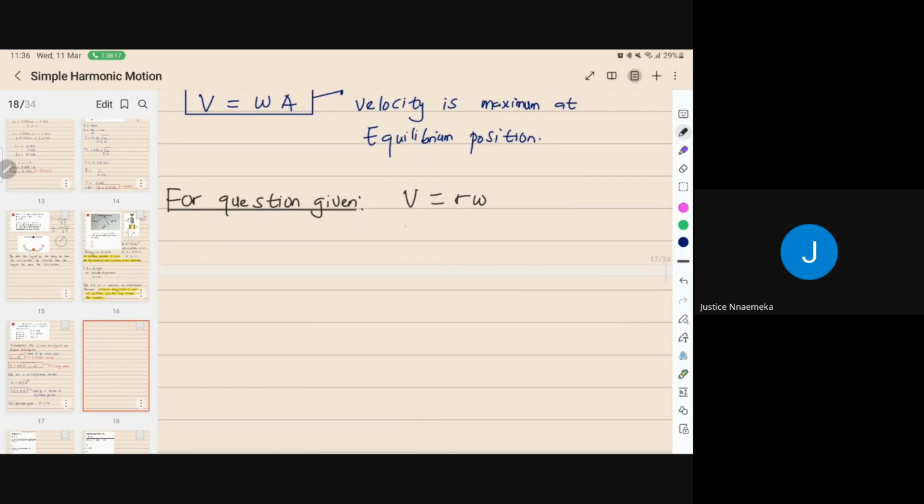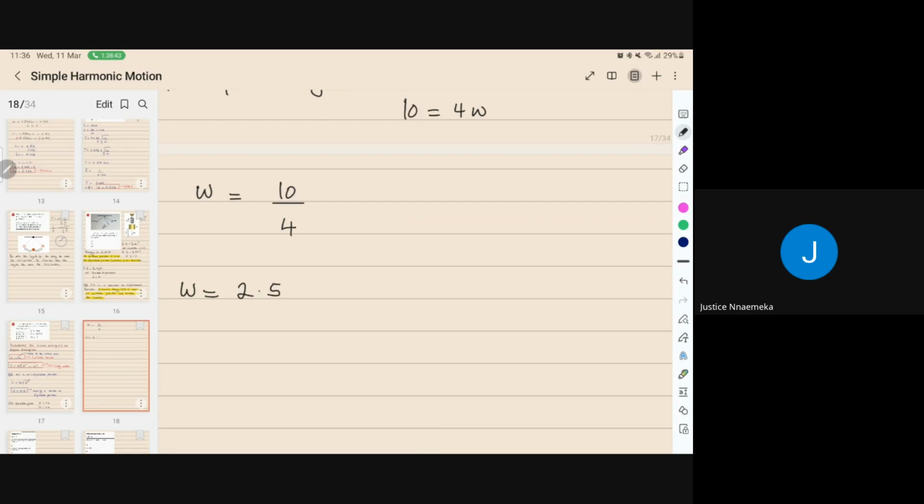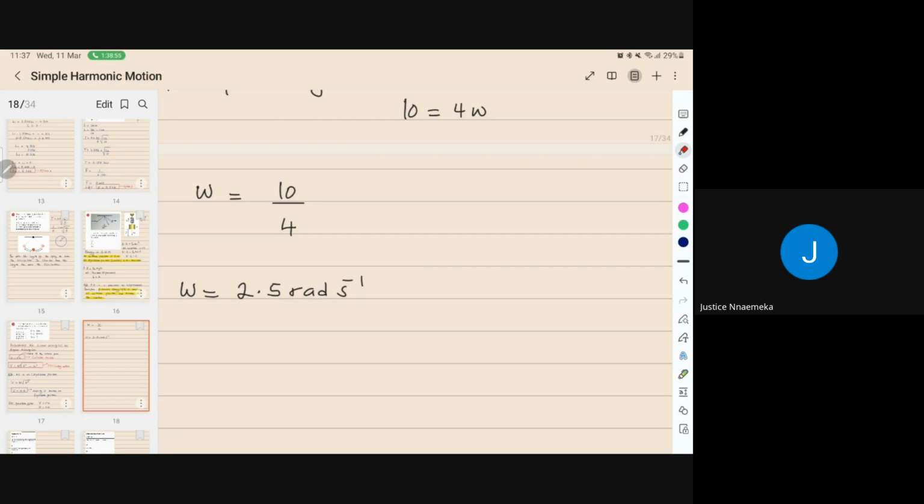So that means 10 is equal to 4 omega, which means that omega is equal to 10 over 4, which will give us 2.5 rad/s. Any question, guys? So we've actually tackled that very problem.